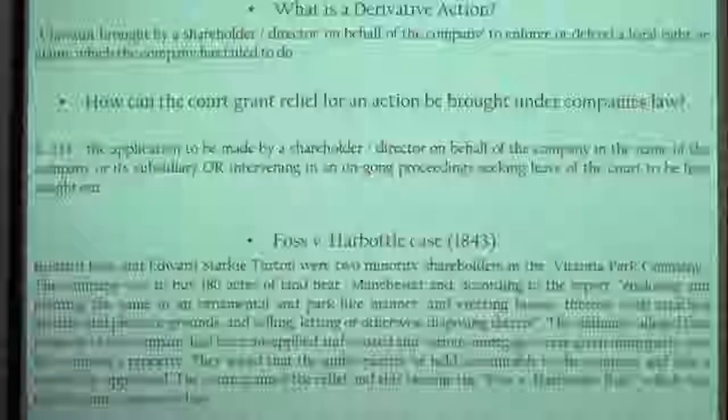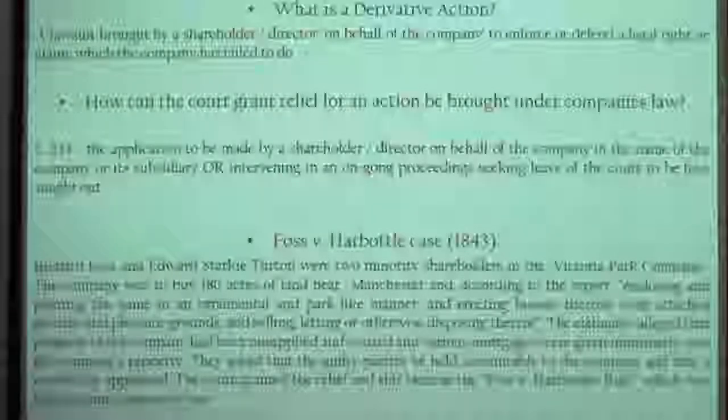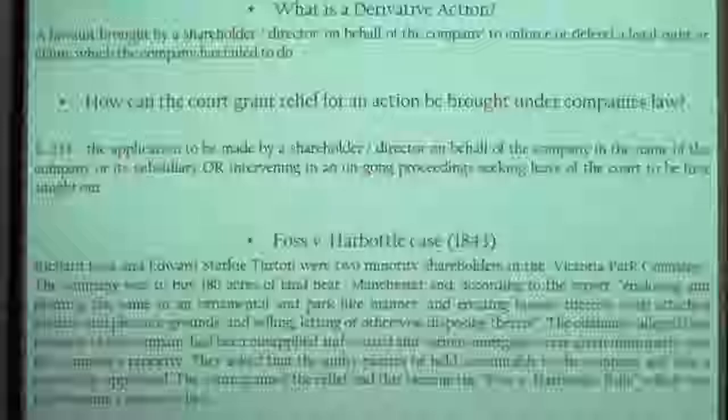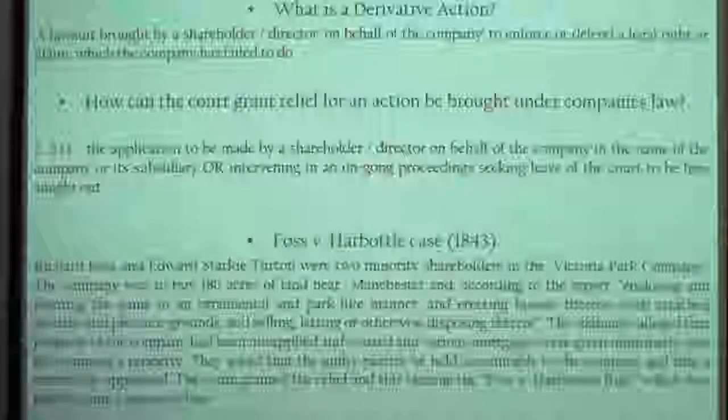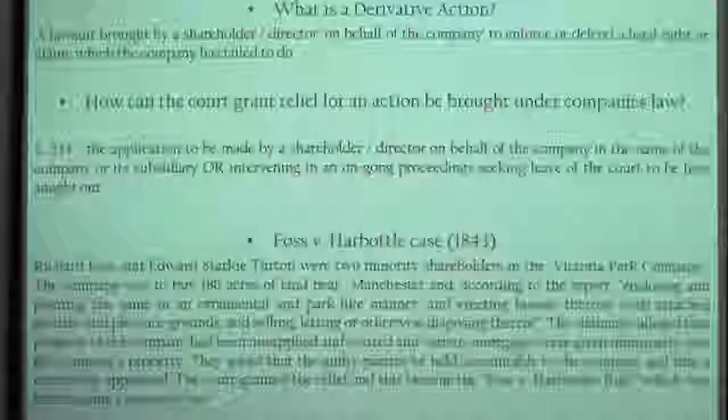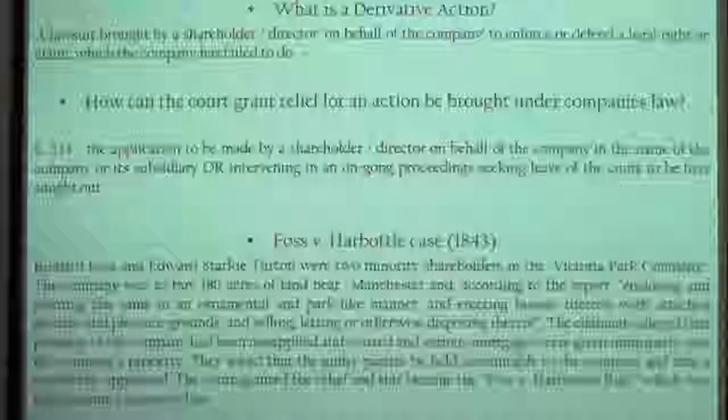A derivative action requires firstly seeking the leave of the court, or the consent of the court, to proceed with the action, for you to obtain your final relief.